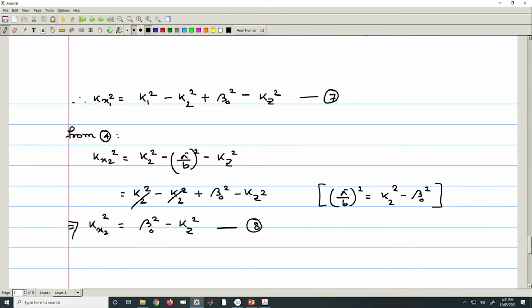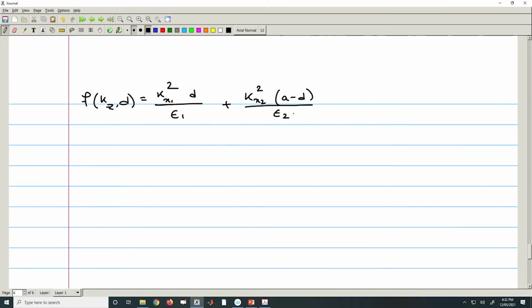Now, what we will do? We will substitute this kx1 square value and kx2 square value in place of f of kz comma d. f of kz comma d was kx1 square d upon epsilon 1 plus kx2 square (a minus d) upon epsilon 2. Now we will substitute the values that we obtained.